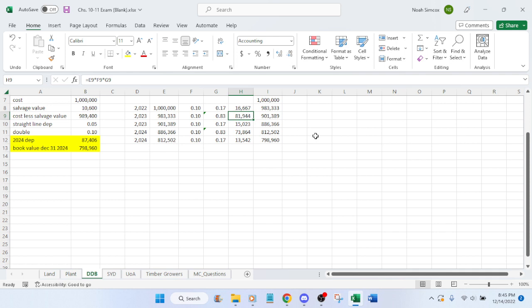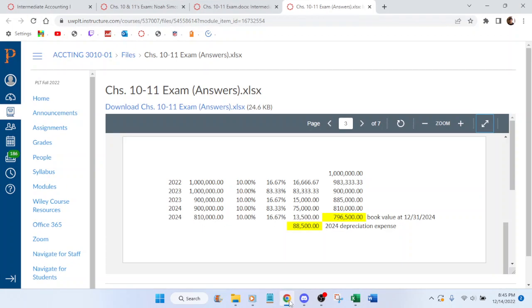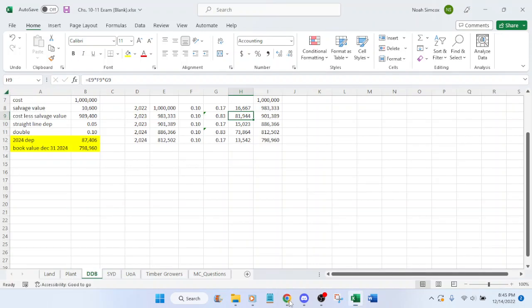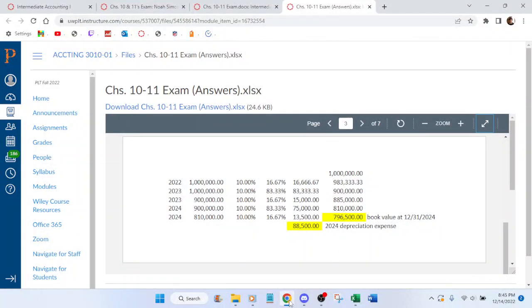How are these wrong? How did I get the wrong answer? He had to have made a mistake. Look, he put 1 million here. That's not how you're supposed to do it.